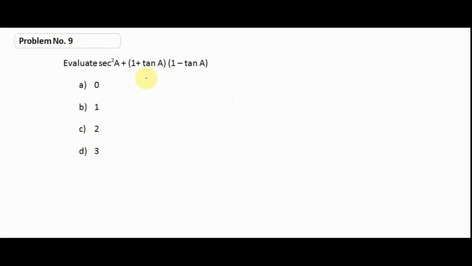Now coming to the solution, let's rewrite this expression as sec square A plus 1 minus tan square A. So this is in the form A plus B into A minus B. So that is equal to A square minus B square.